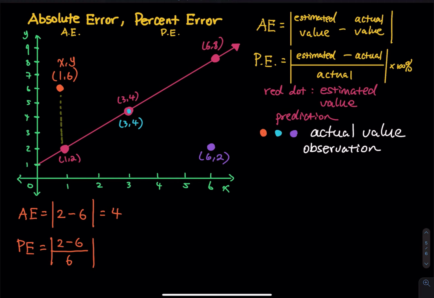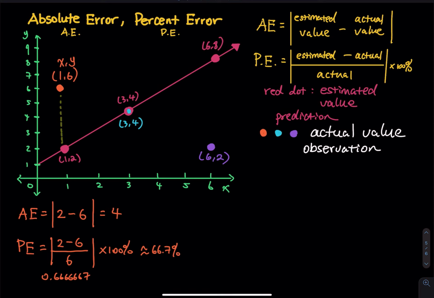If you take 4 divided by 6, you get 0.666 and so on. And then when you multiply by 100%, that is around 66.6 or 66.7%. So that is for the orange dot.